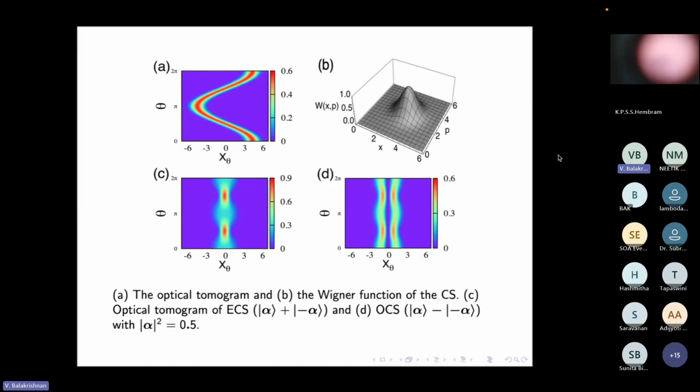Similarly, the odd coherent state, ket alpha minus ket minus alpha. And these pictures are plotted with mod alpha squared equals 0.5, since, as I said, in the case of laser light, mod alpha squared is the mean photon number.